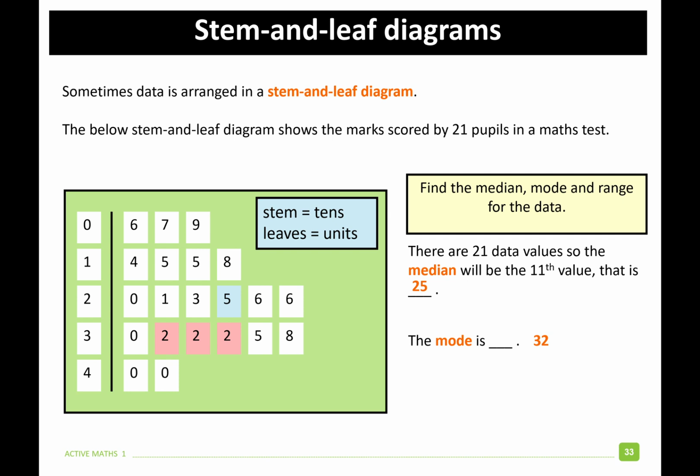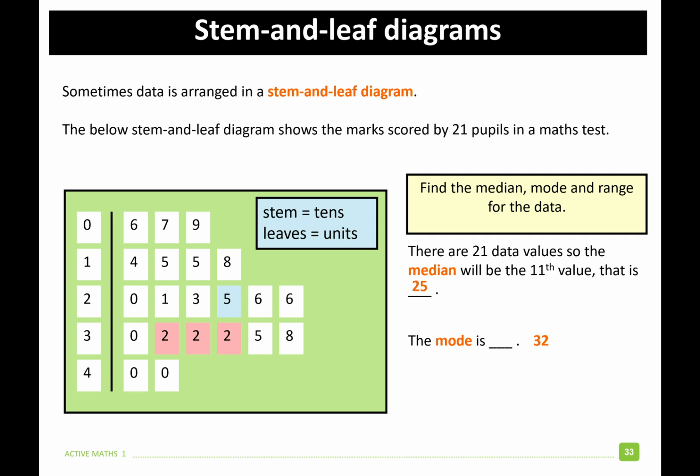In part C, we're asked to find the range. Let's go through our rhyme again to see how we find the range. Hey diddle diddle, the median is the middle. You add then divide for the mean. The mode is the number that appears the most and the range is the difference between. So the range is the difference between our maximum value and our minimum value.